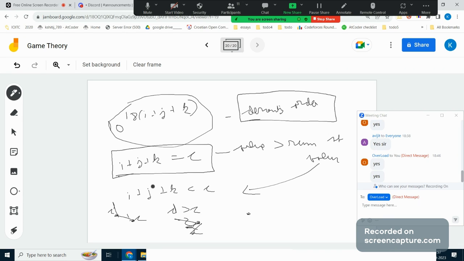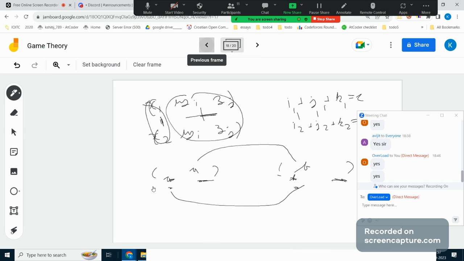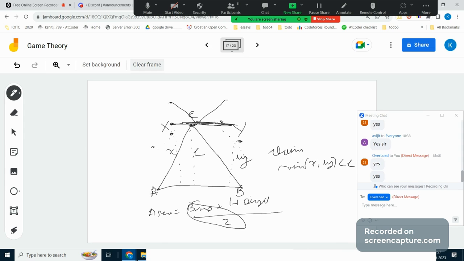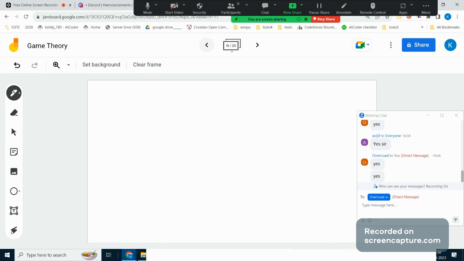And now this solution will be n cube, unfortunately. Now we need to find a faster solution to this. So notice what we are doing: we assign a state, 1 if we take and 0 if we don't take. I will now show the main thing in this problem, which is very nice.